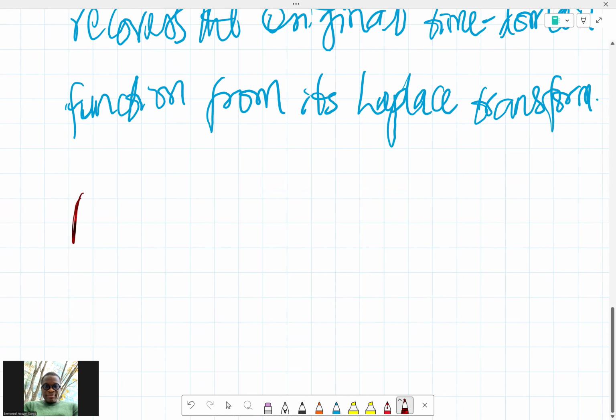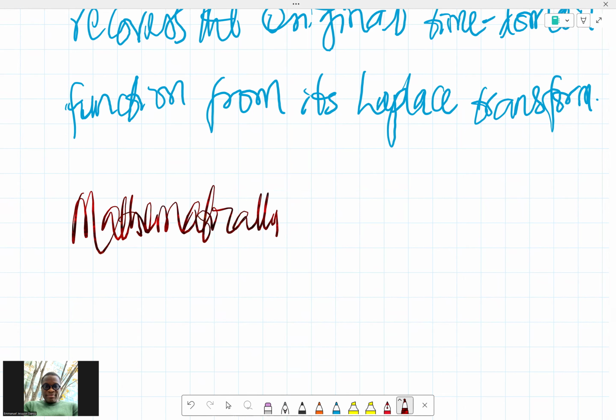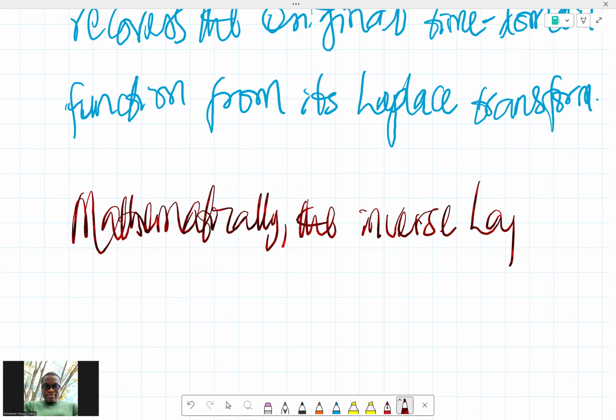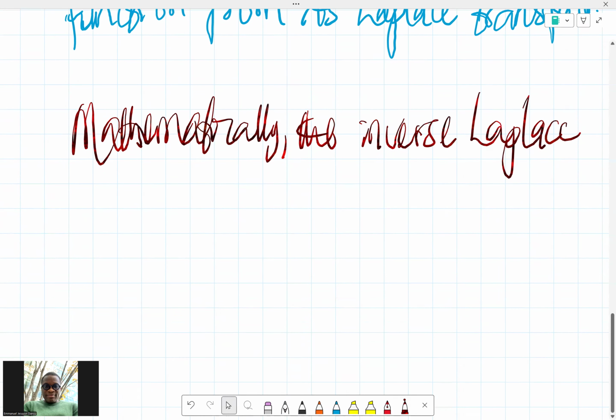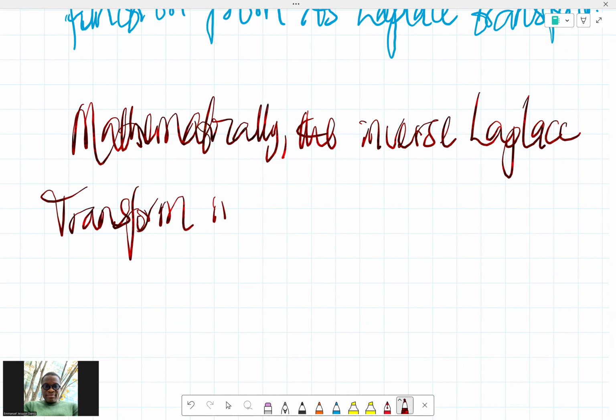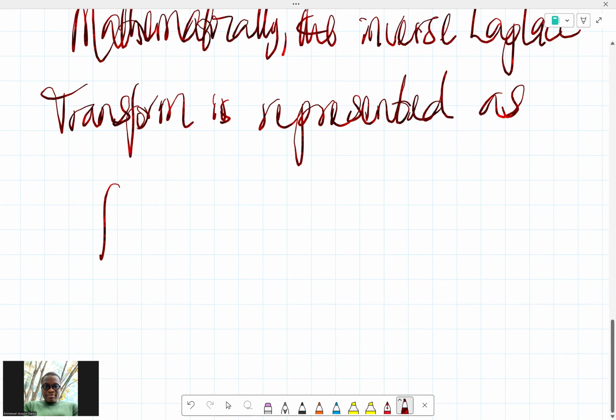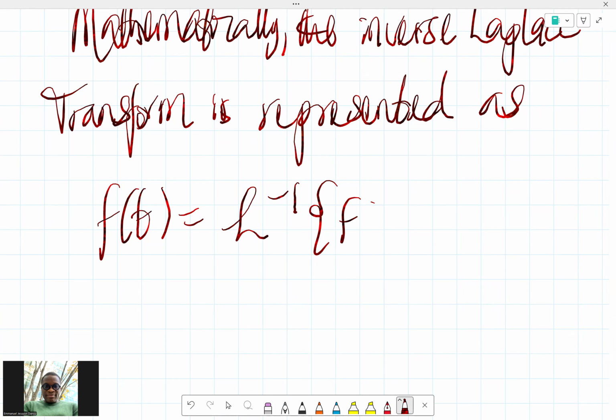Okay. Mathematically, the inverse Laplace transform is represented as f of t, back to the time domain, is L inverse of F of s.